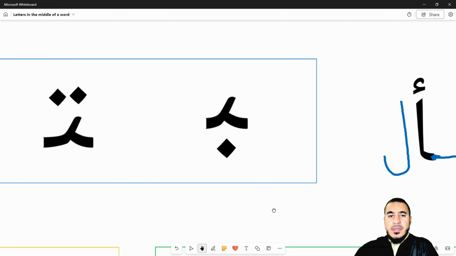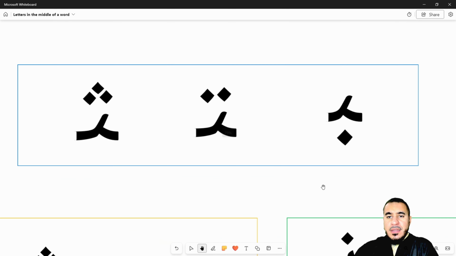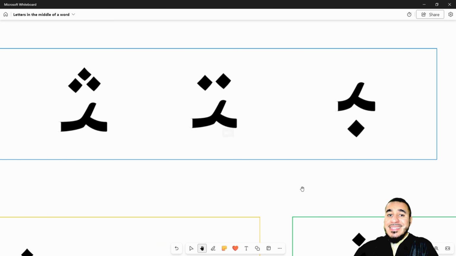Now, let's look at the three letters here, the ba, ta, and tha. As you can see, the shape has slightly changed, okay? And what is this telling us? It's showing us that the ba, the ta, and the tha will attach from both sides, okay?